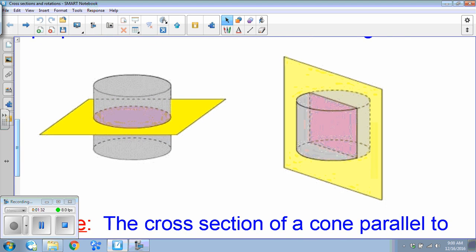Y'all see that? So it depends if it's parallel to the base or perpendicular to the base. And you have to pay attention to that no matter how the shape is turned. Basically, if the cross section is going through the top and bottom base, it's going to make a rectangle. And if it's going through the center, it's going to make a circle.